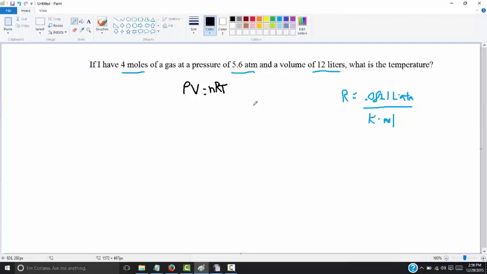Alright, in this question we need to solve for temperature. So we need to isolate temperature over here. To isolate temperature, we need to divide this side of the equation by nR, so we can cancel out. And whatever you do to this side of an equation, you must do to the other side. Divide that by nR, that by nR.